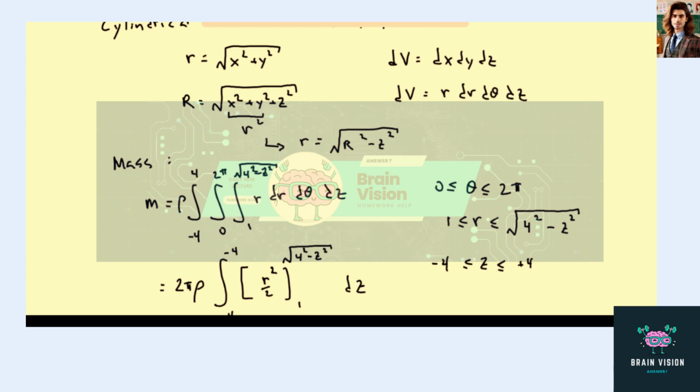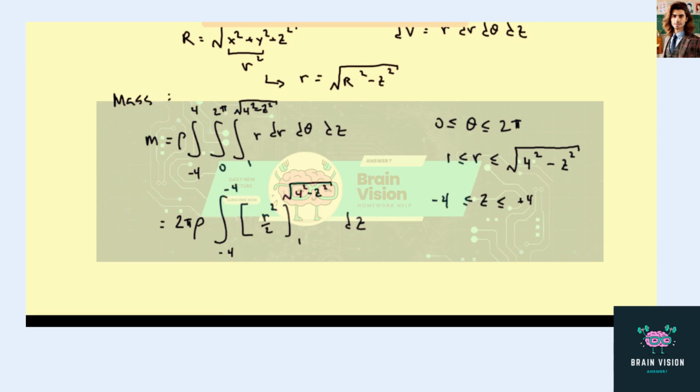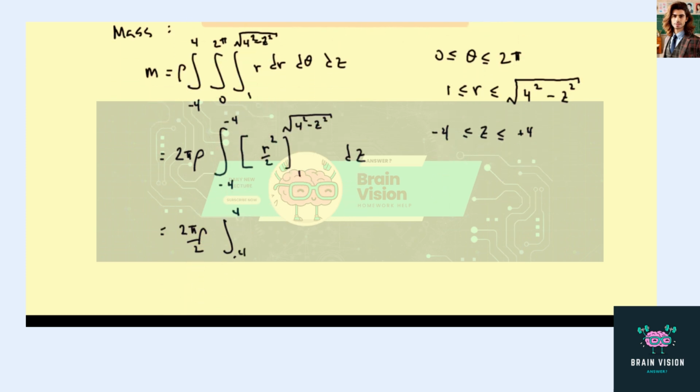So now we're just left with an integral over z. But before that, let's first evaluate r between 1 and its upper limit. So evaluating r squared over 2 within its lower and upper boundary will give us 4 squared minus z squared, minus 1.